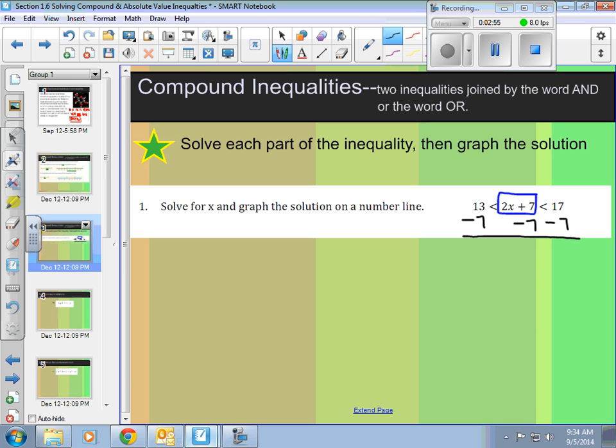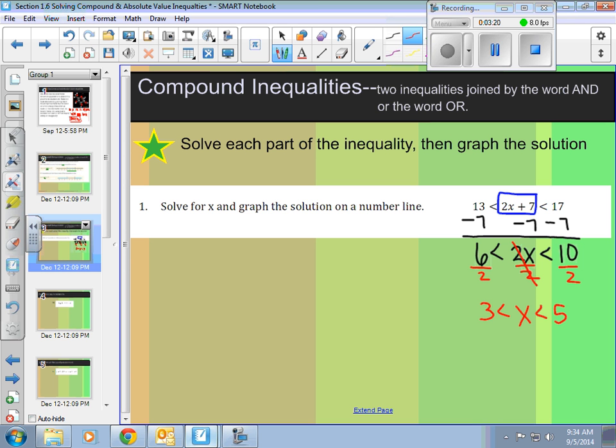We all know 13 minus 7 is 6. I still write my less than sign. Now I'm going to have 2x is less than 10. Once again, I want to get x by itself, so I have to get rid of the 2. In order to do that, I divide everything by 2. 6 over 2 simplifies to 3, 2 over 2 simplifies to 1, and 10 over 2 is 5.